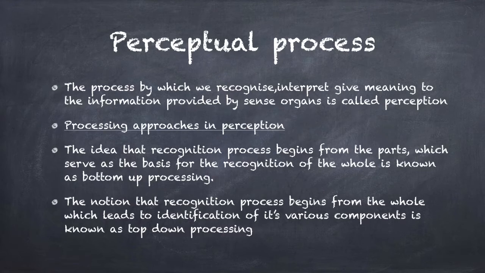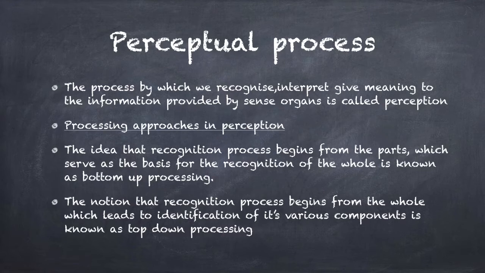And the notion that the recognition process begins from the whole, which leads to identification of its various components, is known as top down processing. Suppose a child looks at a dog and says that it is a dog, so it will have four legs, a furry body, two eyes, a tail, like that. So it is top down processing.